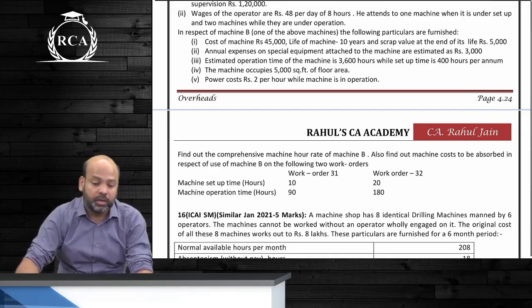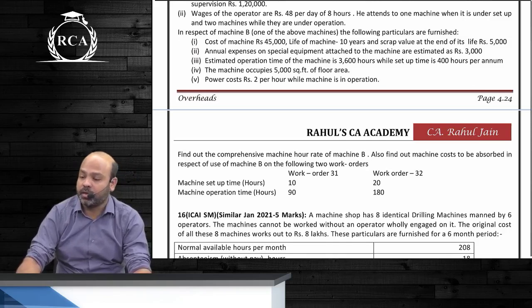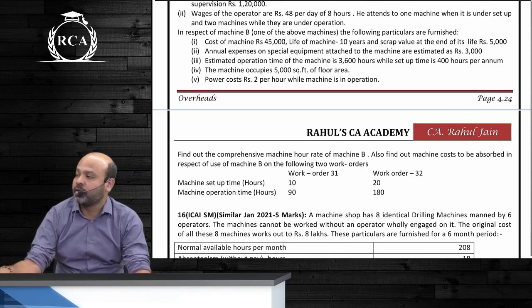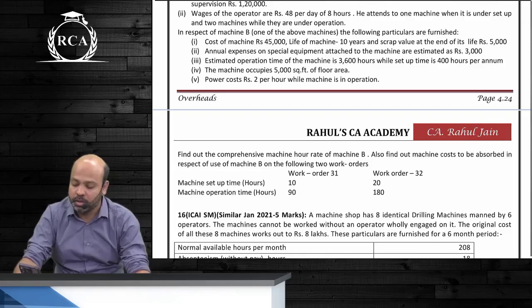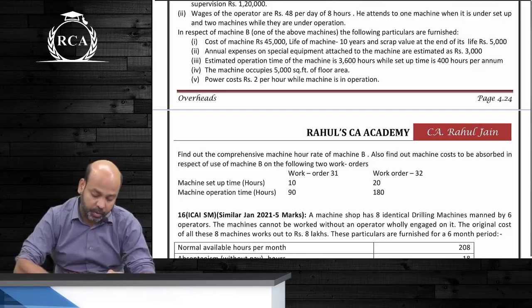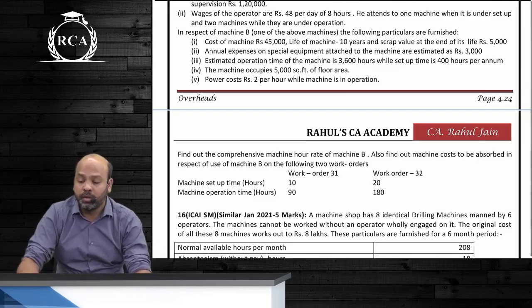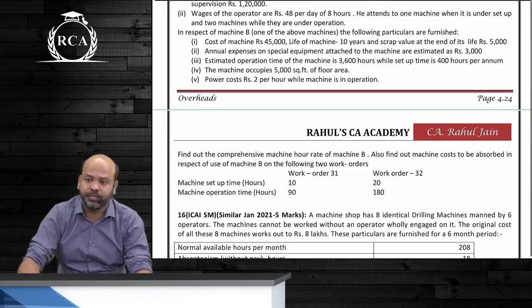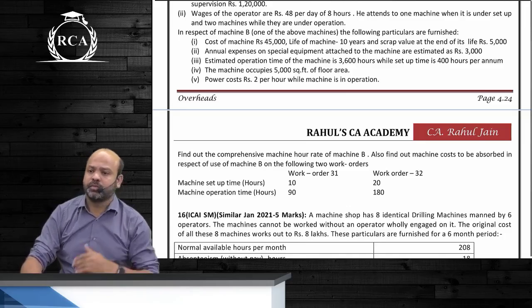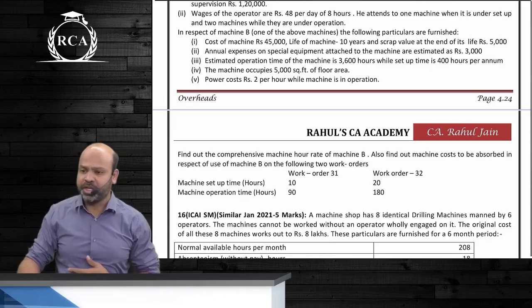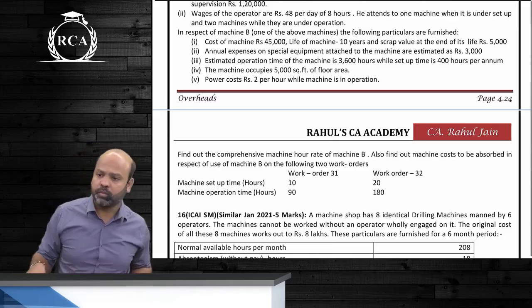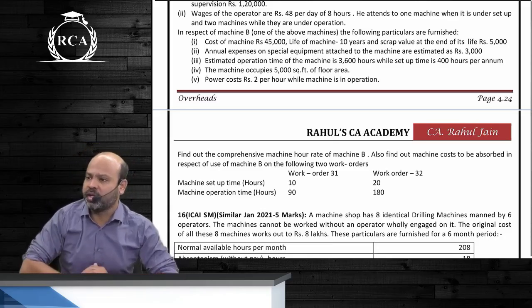Hence, separate rate will be computed for setup time and operation time.